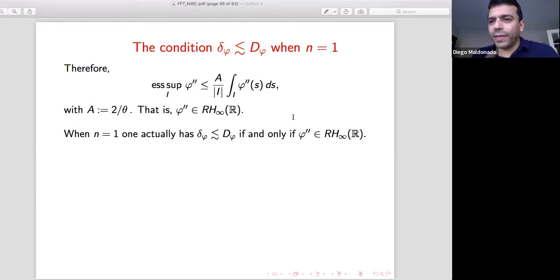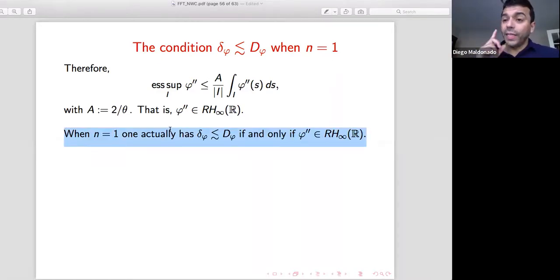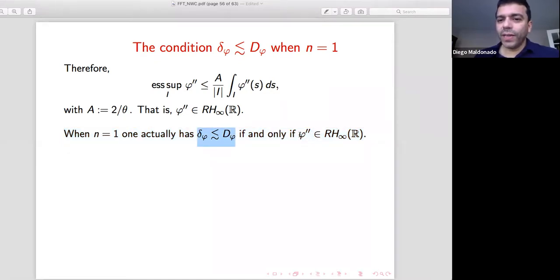It's a typical example of a Muckenhoupt weight, nice Muckenhoupt weight, and that the supremum is controlled by the average. Actually, in dimension 1, it's an if and only if. So one has the property if and only if the Hessian has this reverse Hölder property.